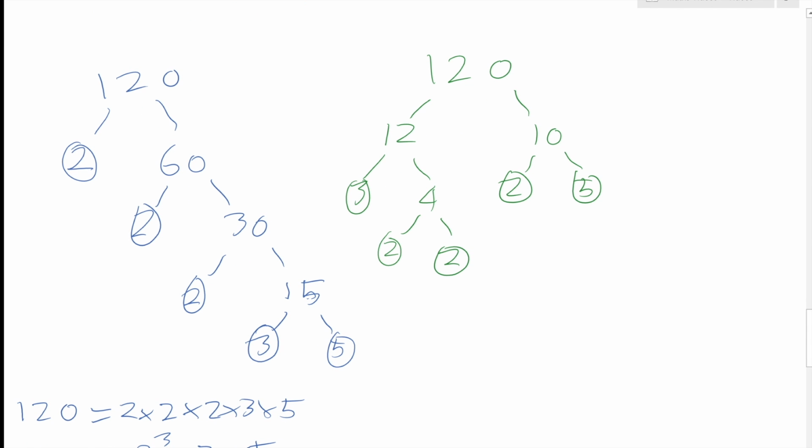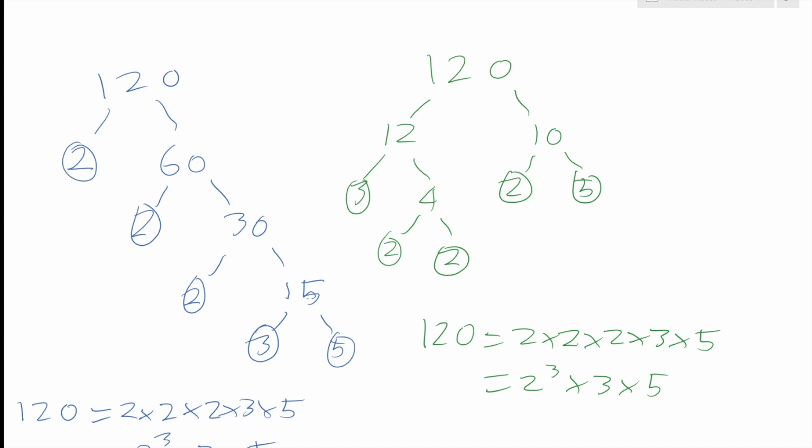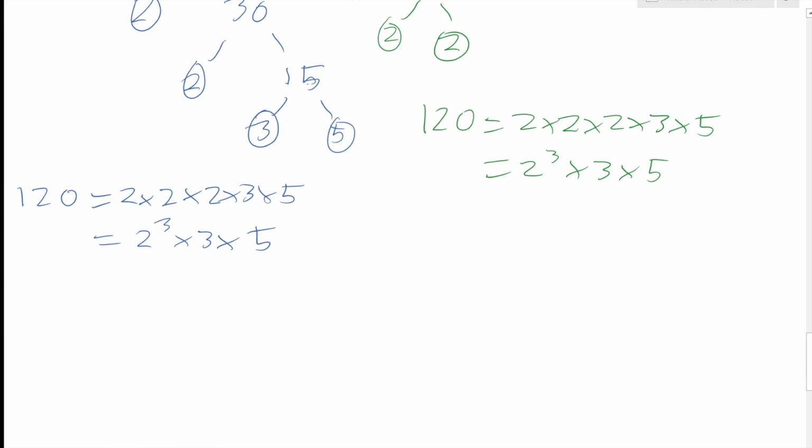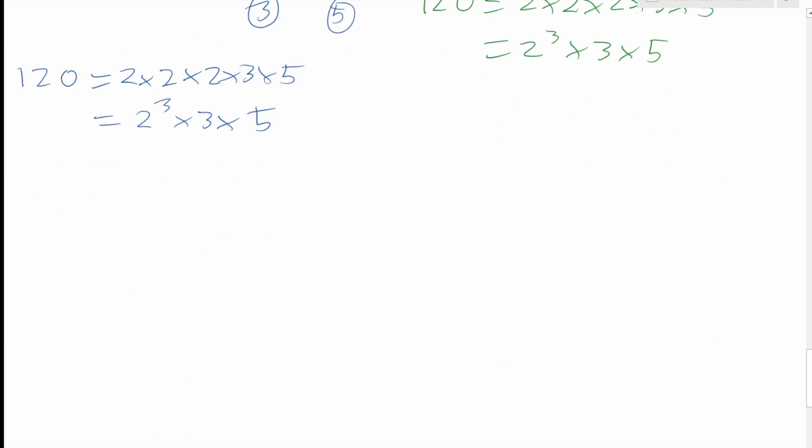And the 10 just breaks down to 2 and 5. And if we look here, this time we get 120 equals 2 times 2 times 2 times 3 times 5, which equals 2 cubed times 3 times 5. And you can check we've got exactly the same result, which the fundamental theorem of arithmetic says we should because it's the only result.